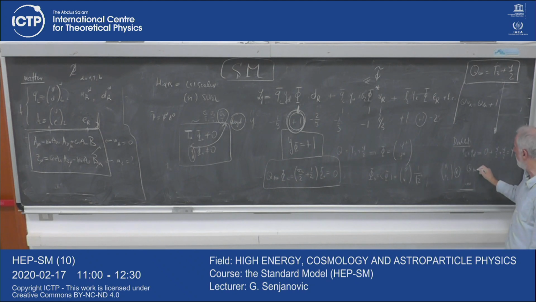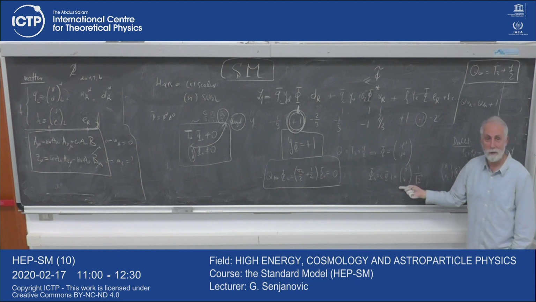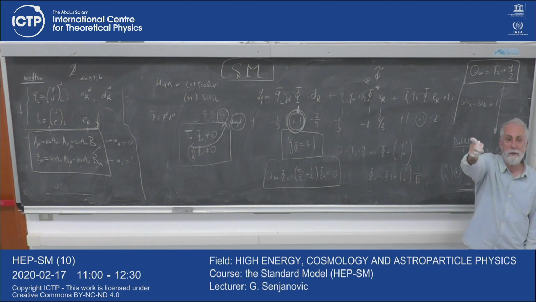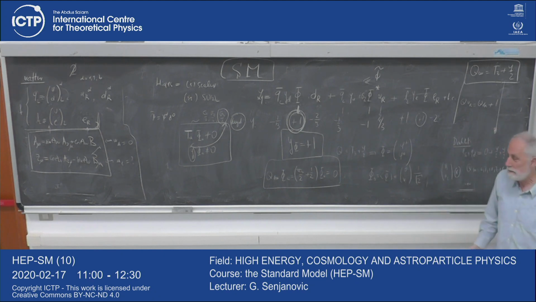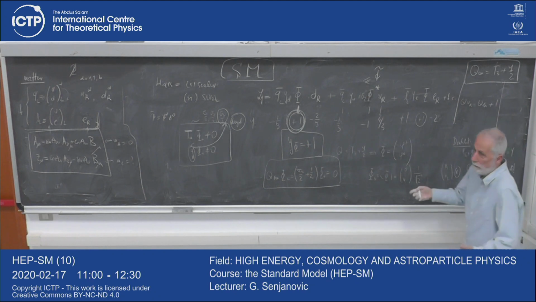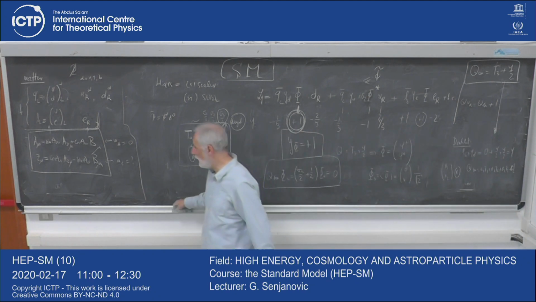Now Q electromagnetic is going to be A1 T1 plus some coefficient times the others. But it has to be, because I can choose the vacuum in this direction. That's like choosing the z-axis. I can't be wrong.